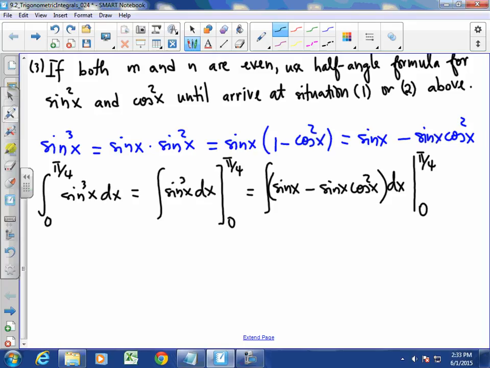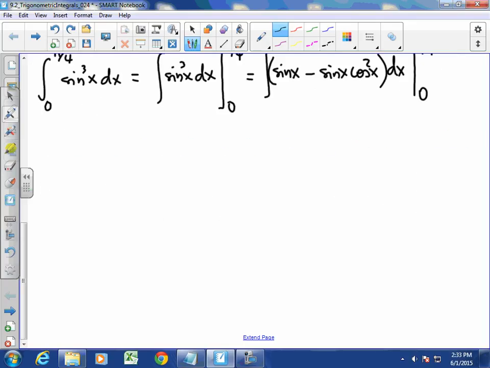So we need to evaluate the integral of sine x dx. What function is such that the derivative is sine x? It has to be negative cosine x, right?